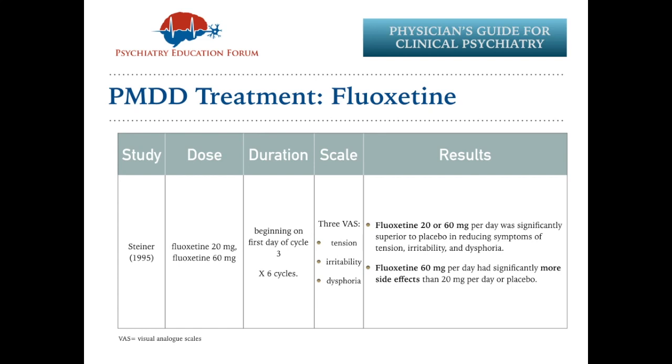So you can definitely go beyond 20 milligram, go to even 60 milligram. I was not able to find a study for 40 milligram, but the side effect profile will increase. We know this from our fluoxetine use in the major depressive disorder class.